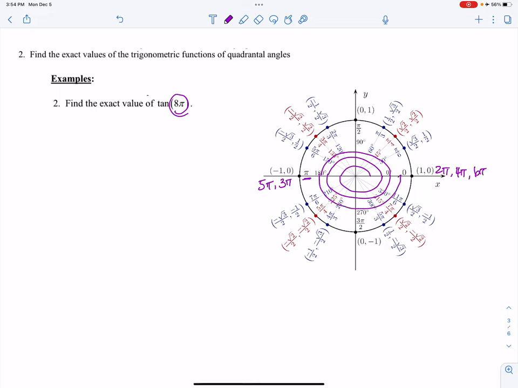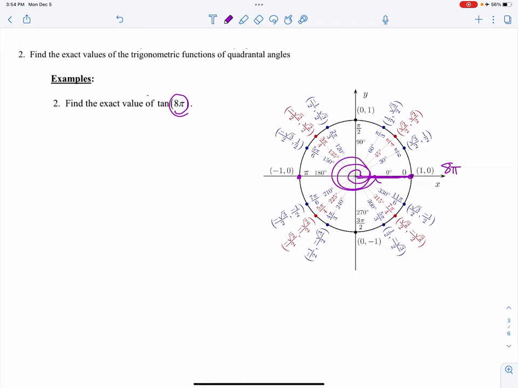And we have even pi's and odd pi's. So instead of cluttering up our unit circle here, we have even pi's over here and odd pi's over here. So I'm looking at 8 pi, I'm going to end up over here. If I kept going and going, I would end up at 8 pi right here.